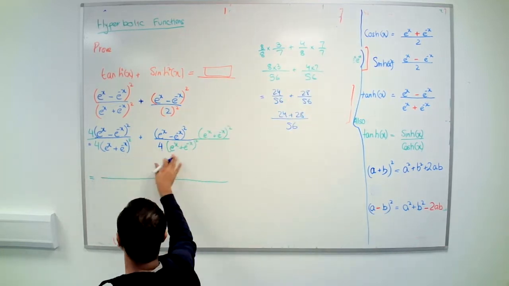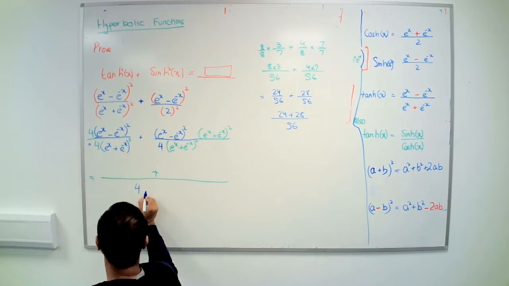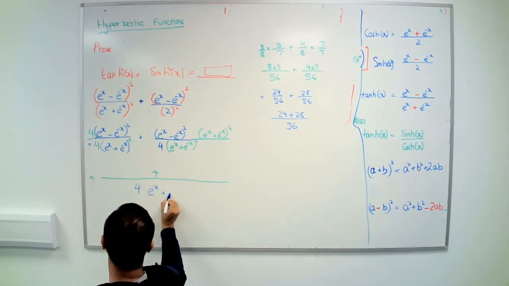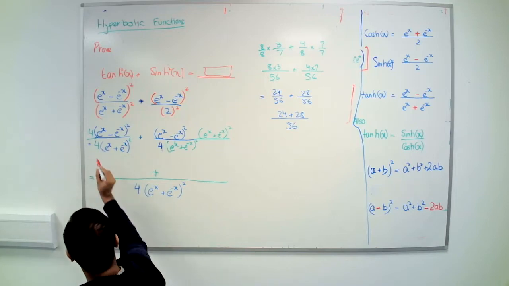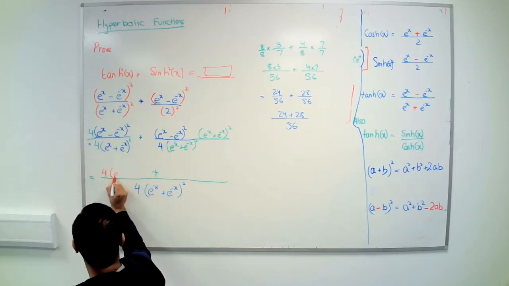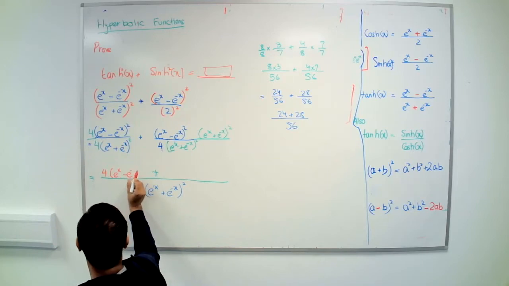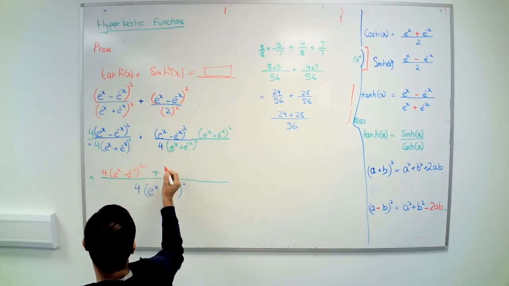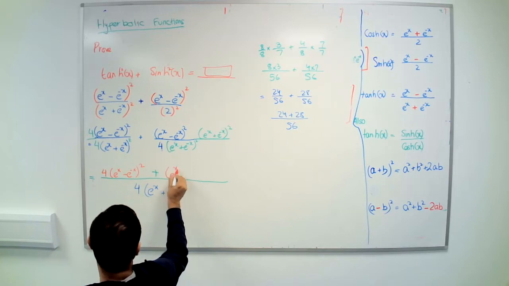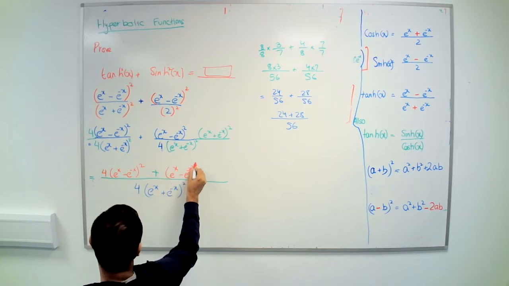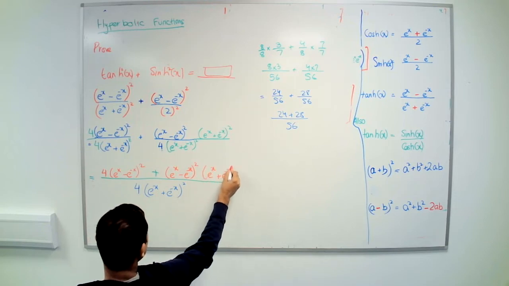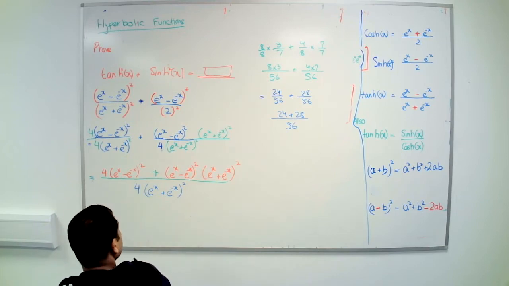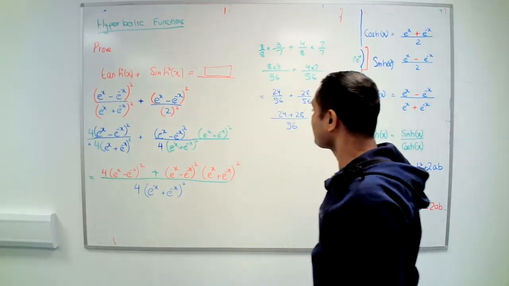Because the denominators are the same, I write the denominator just once, and then the top bit: 4 times (e to the x minus e to the minus x) squared, plus (e to the x plus e to the minus x) squared.